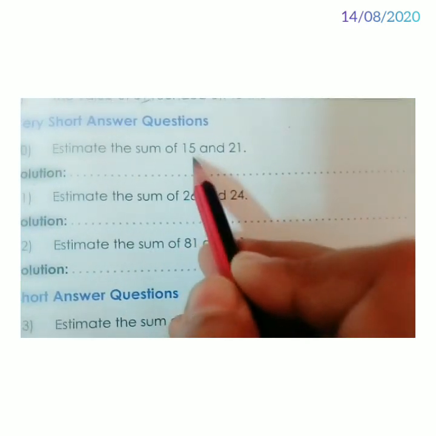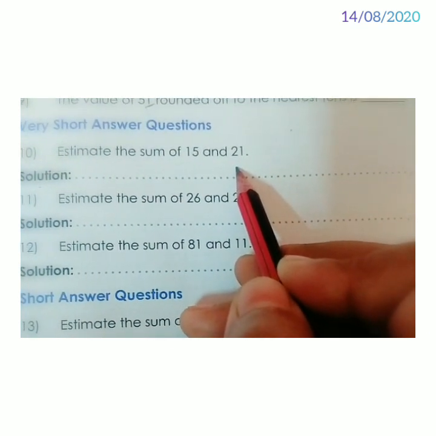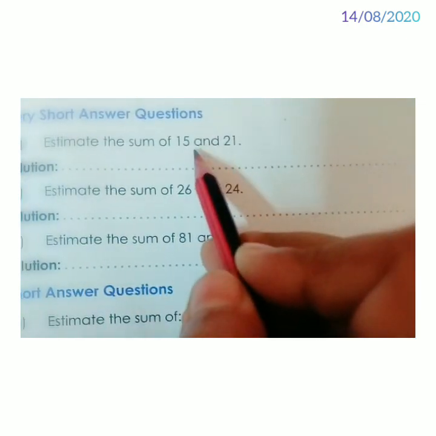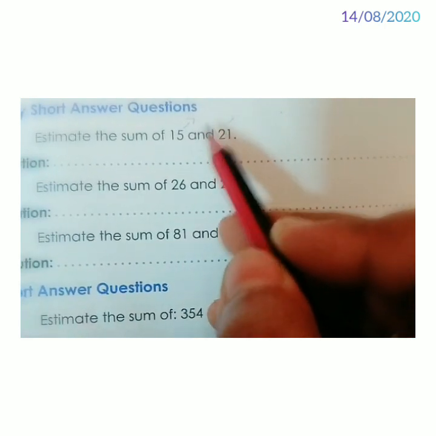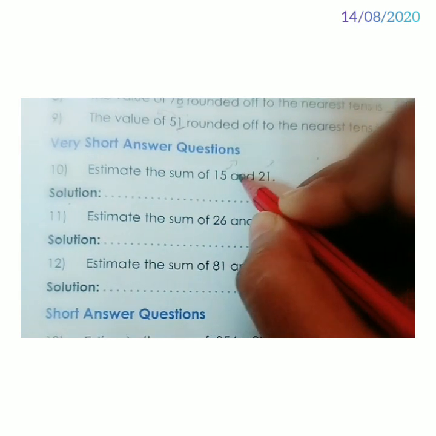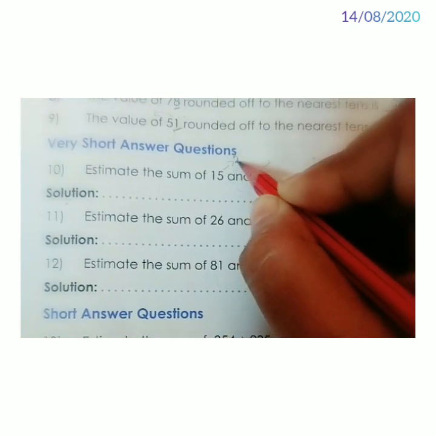Estimate the sum of 15 and 21. Alright, so in order to solve this problem, what do you have to do? You have to round off 15 first, then 21 to the nearest 10, isn't it? So when we round off 15, we get 20.